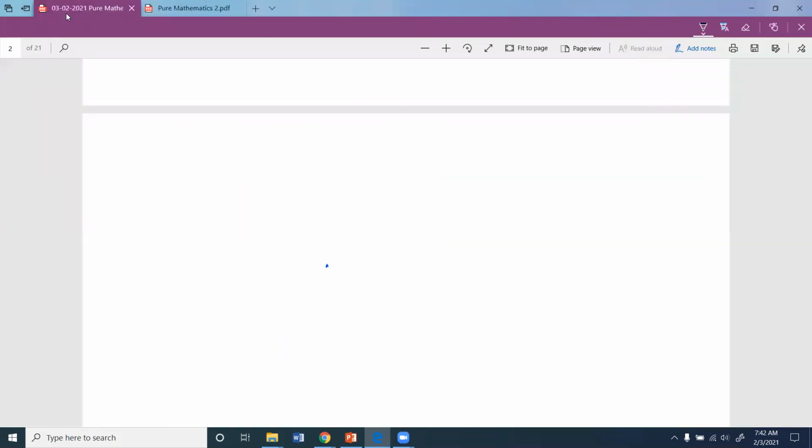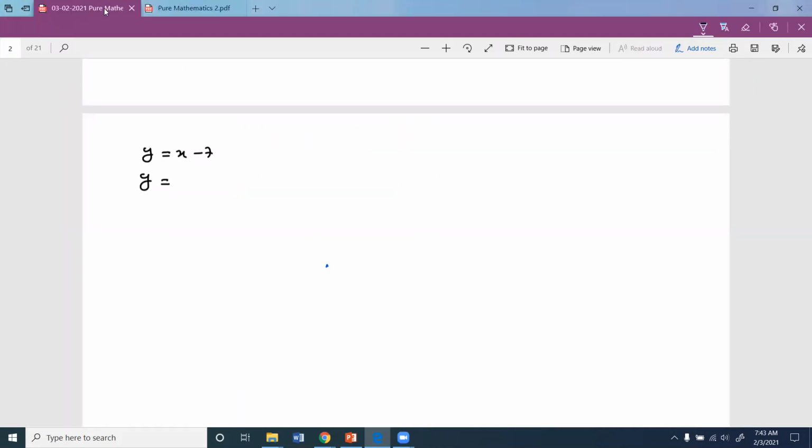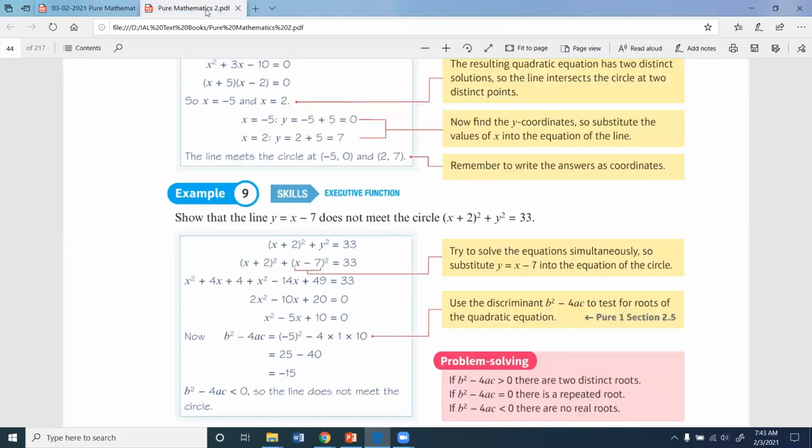So the line is y equals x minus 7 and the circle is (x plus 2) squared plus y squared equals 33.